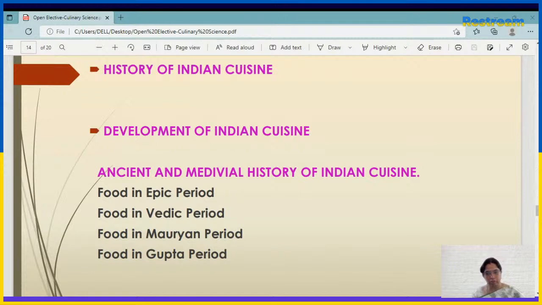Cows were respected from that period, and hence they stopped eating cow. Many spices were cultivated on the Indian continent, and they were added as aroma and flavors.